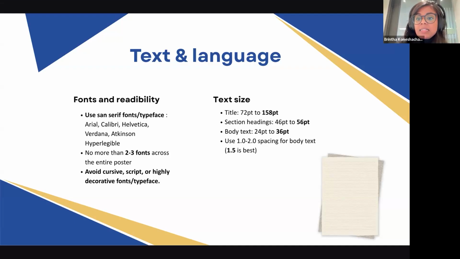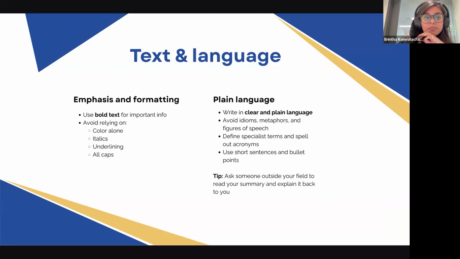Regarding section headings, 46 point to 56 point being the ideal section heading size, and for body text, 24 minimum to 36 being the ideal as well. And of course, use spacing for body text. Lee has already mentioned it, and 1.5 is the best spacing size.